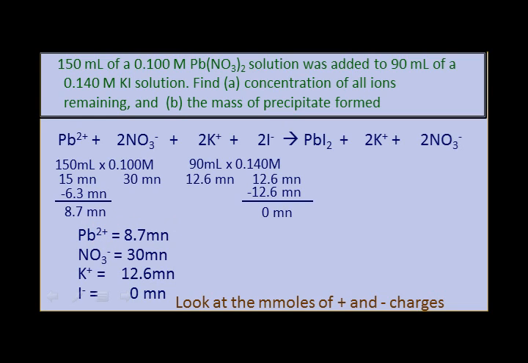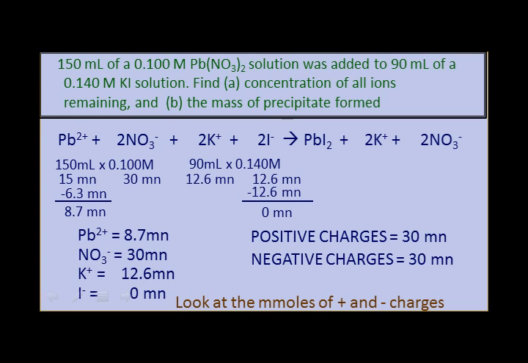And we have 12.6 millimoles of potassium ion right here at +1 charge. I tell you what, you add that up, and you're going to find that the total number of millimoles of positive charges is 30 millimoles.